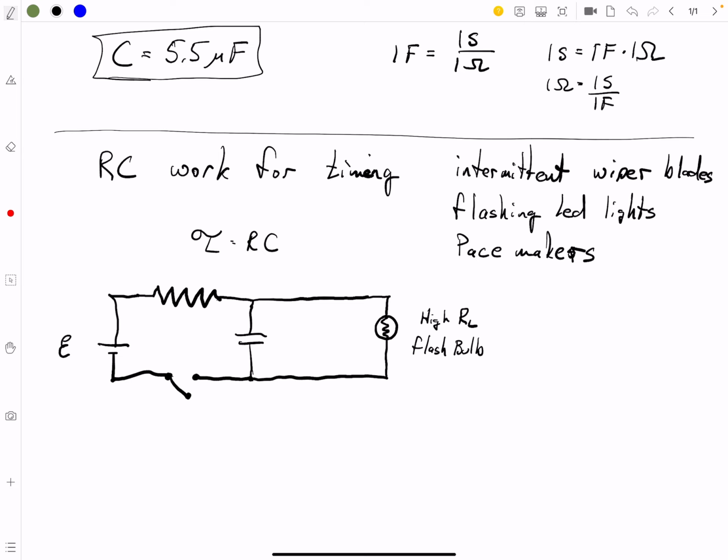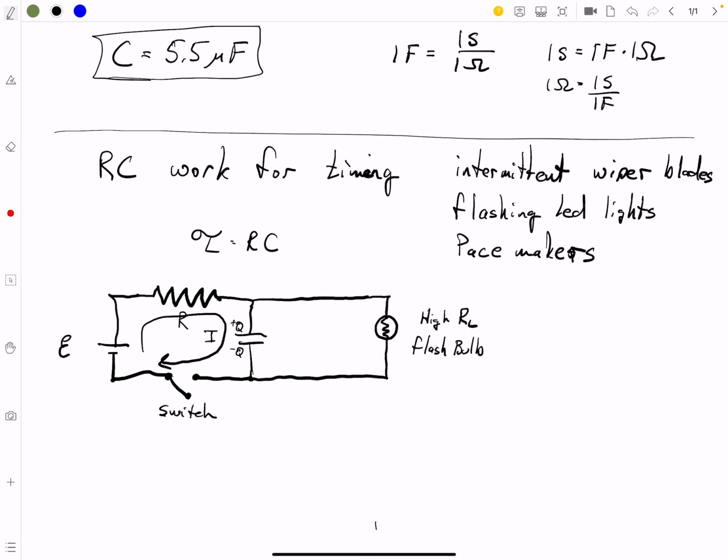All right. First, what's going to happen? This guy's high resistance. That resistor's low resistance. There's going to be some current that's going to go through once we close the switch. Okay. All that's going to do is charge up this Q plus and Q minus.